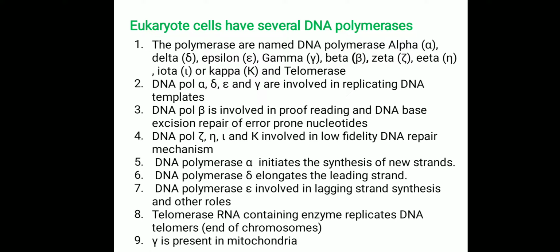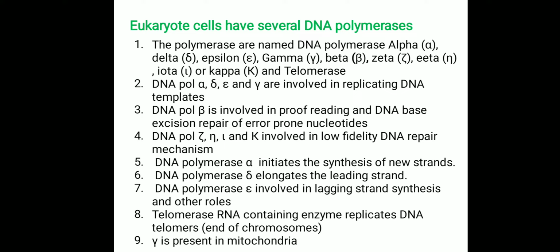DNA polymerase beta is involved in proofreading and base excision repair of error prone nucleotides. DNA polymerases zeta, eta, iota, and kappa are involved in low fidelity DNA repair mechanisms.